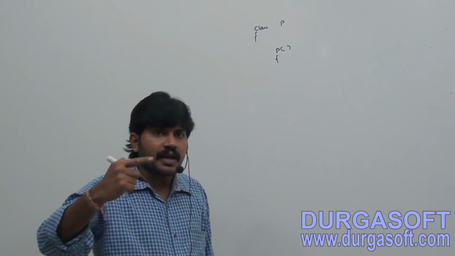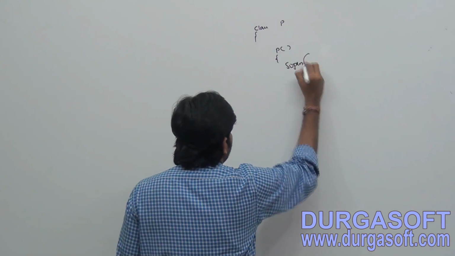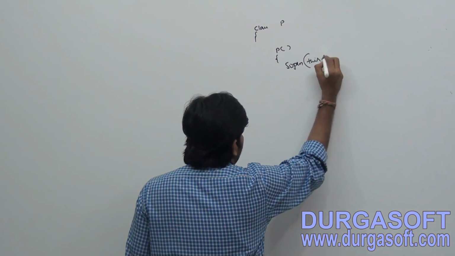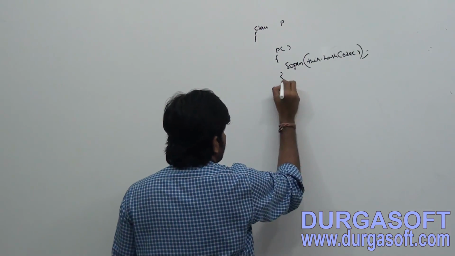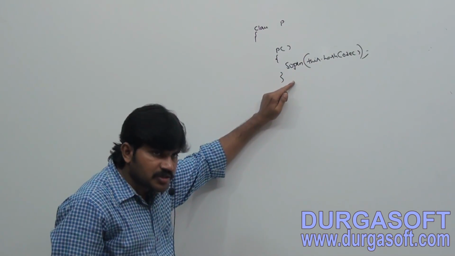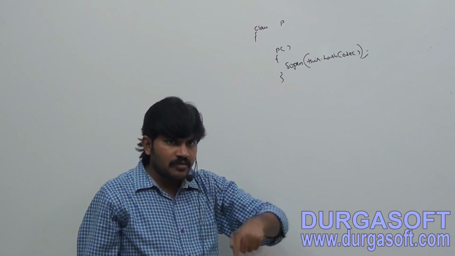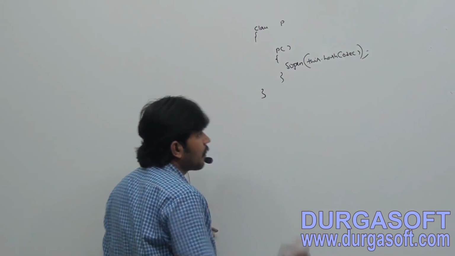What is the hash code of that object? System.out.println of this.hashCode. Now immediately you can know this constructor got executed on which object, what is the hash code of that object. Now class P completed.